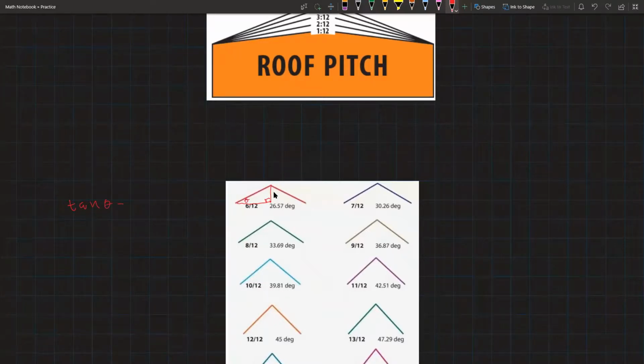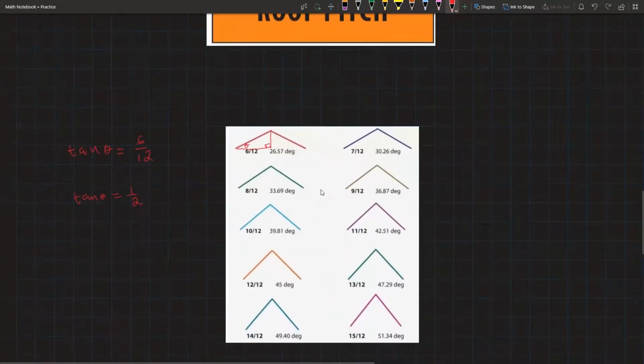And we can reduce that to tangent theta equals 1/2. And I won't do all of them. I'll probably do 2 or 3 so you can kind of see what's going on. But remember, like up above, if we wanted to solve for theta, we want the inverse of the tangent, so that theta equals tangent inverse of 1/2.